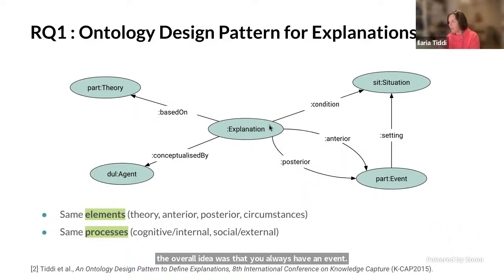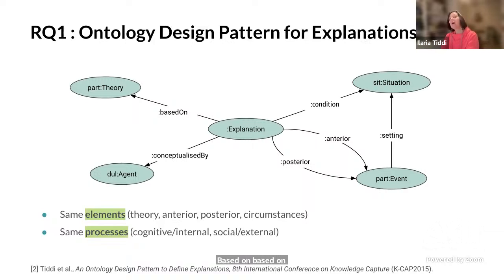I'm not sure you see my pointer, but I hope so. There are certain conditions that make this event happen in a specific setting, and then there's some sort of theory behind it, and an agent that conceptualizes the explanation.